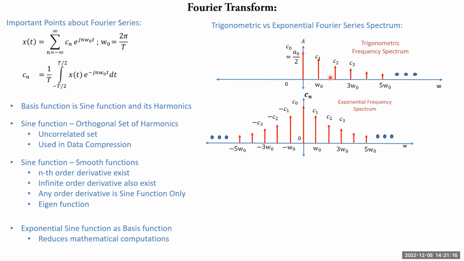So this is a physical interpretation for the trigonometric and exponential Fourier series. However, there is one important limitation of the Fourier series, that is, it is applicable to only periodic functions, and this limitation can be overcome by applying some tricks which will generate a new formula called the Fourier transform.